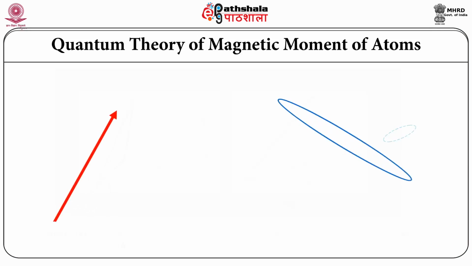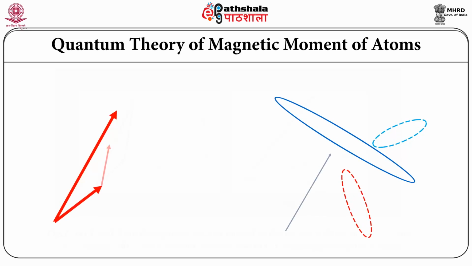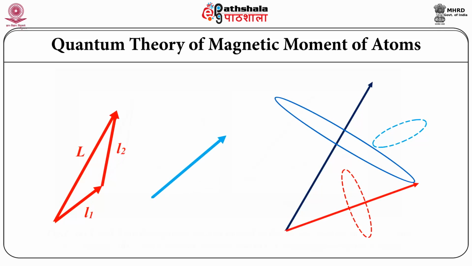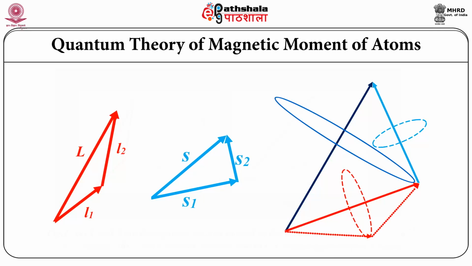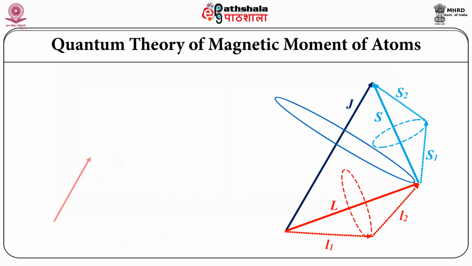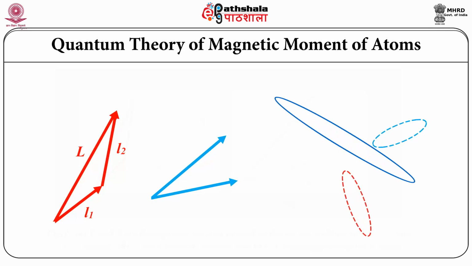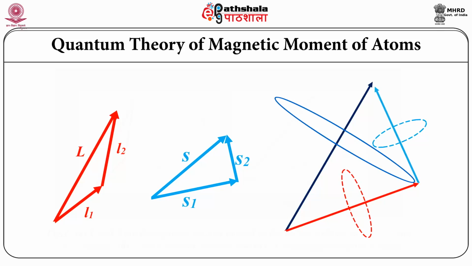Now, how to determine the total angular momentum of many electron atoms or ions? This is a very important question, in fact one of the very fundamental questions before you actually start to study magnetism. For many electron atoms or ions, we need to determine this total angular momentum. So starting from this, we do a vector addition of the individual orbital and spin angular momenta.